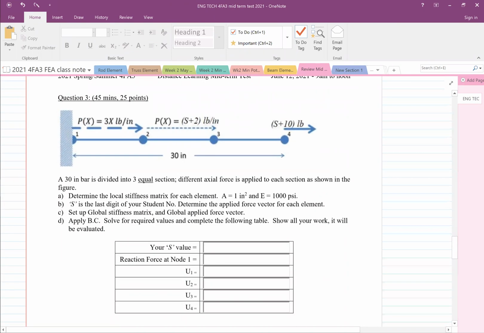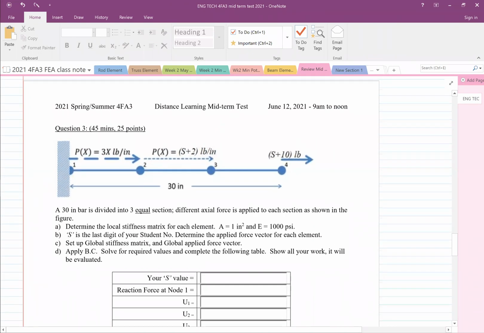Okay, first step. I'm gonna write it here. The local stiffness matrix. Okay, part A, local stiffness matrix. The K is AE over L, which is 1 times 1000 divided by, well, this is 30 inch in total, right?